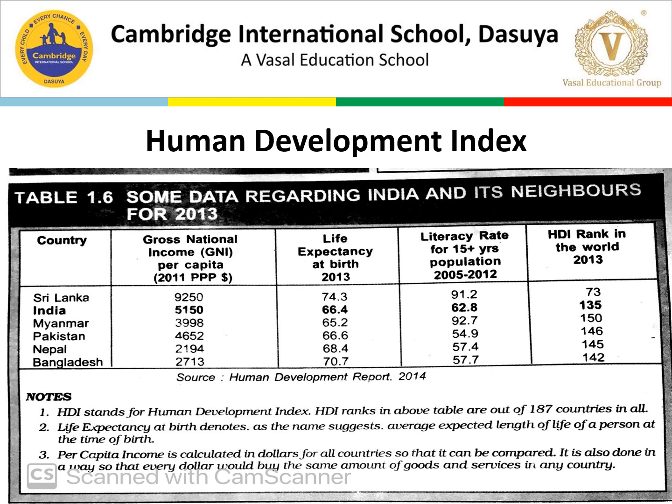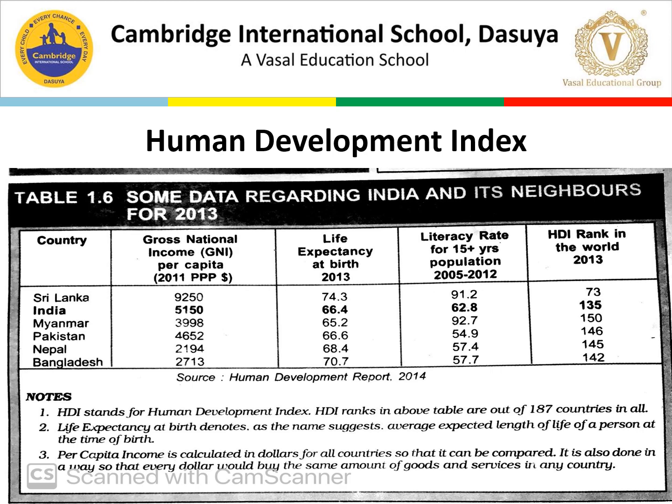So India is having an HDI rank. You can see in 2013 it was 135 for India, and Sri Lanka is even having a top ranking as compared to India, that is 73.